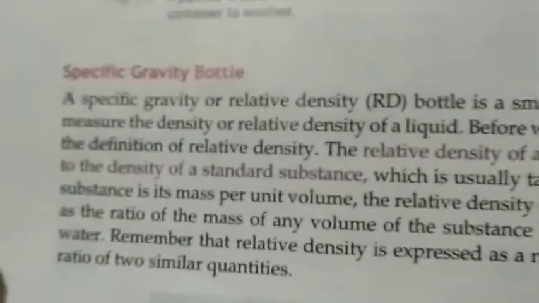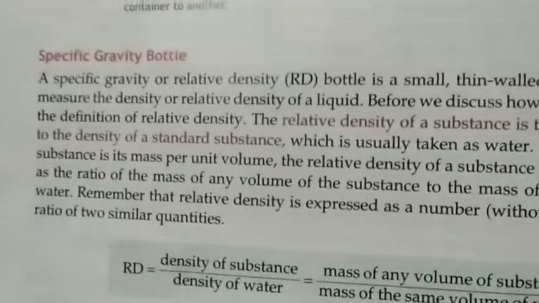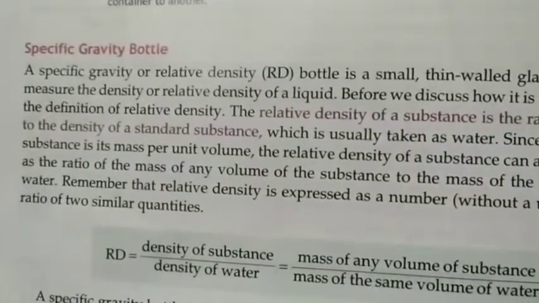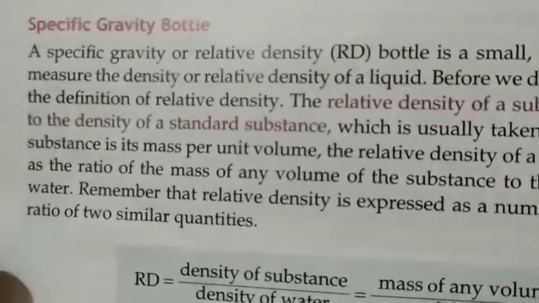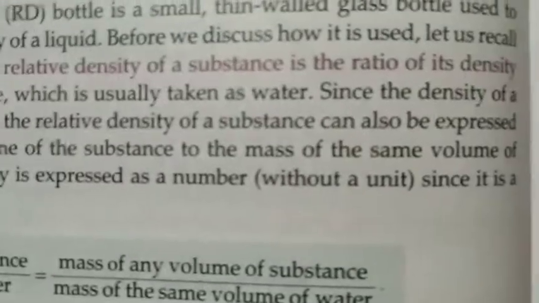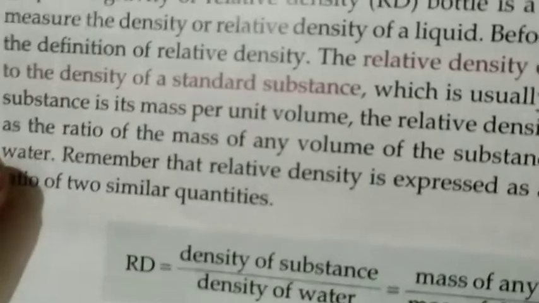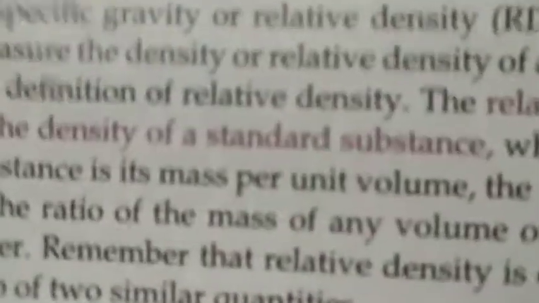A specific gravity or relative density bottle is a small thin walled glass bottle. The relative density is the ratio of the mass of a volume of the substance to the mass of the same volume of water. Again, I will give a short answer for this question.